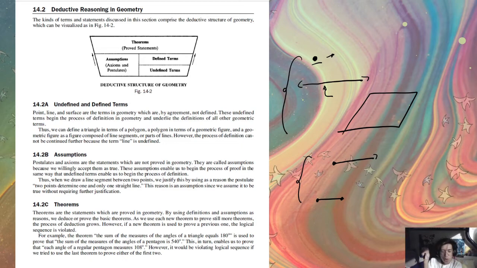Okay, so for this one, it's very important in geometry that we build our new theorems from old theorems. So we can't use a new theorem to prove an old theorem. Although there are exceptions to that. There are some exceptions to that. It's kind of like an addendum or a supplementary to that theorem.